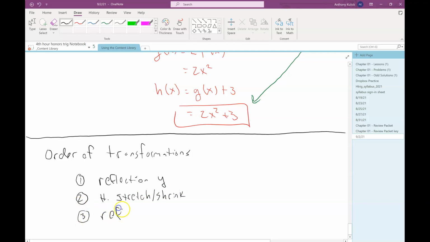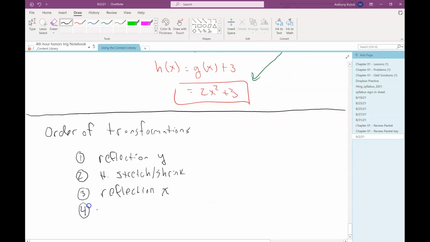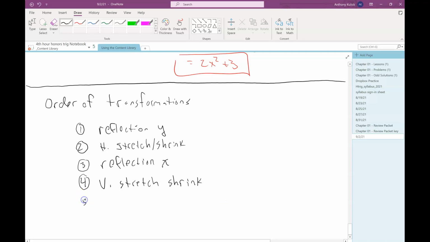Then we're going to worry about the reflection on the x-axis. And then the vertical stretch or shrink. And then the horizontal shift. And the last would be a vertical shift. So that's going to be kind of the order that we're going to use for our transformations.